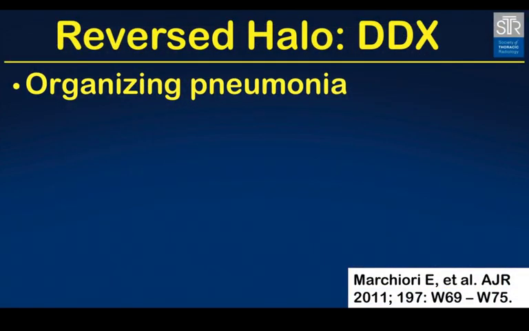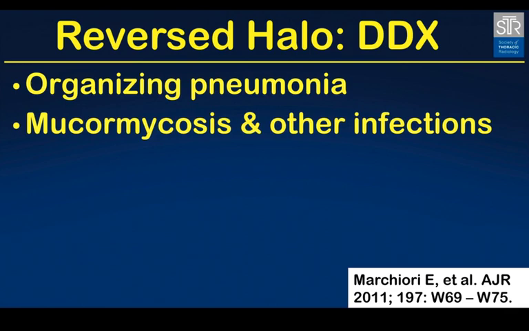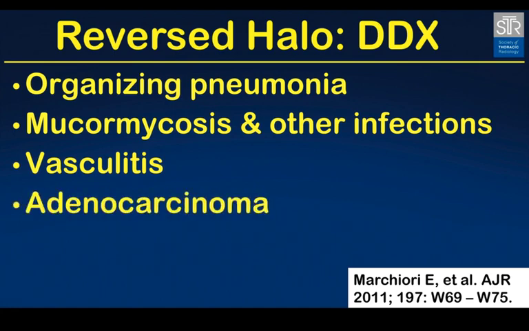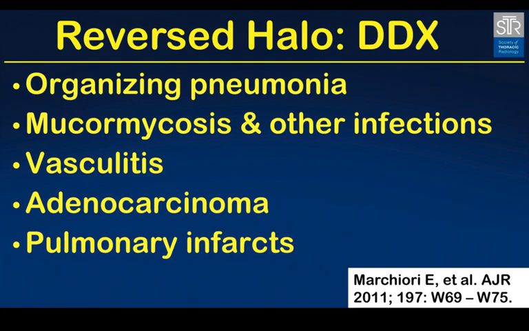Now, the differential diagnosis for reversed halo includes organizing pneumonia, in which it was first described, but also includes mucormycosis and other infections, vasculitides, adenocarcinoma with a lepidic growth pattern, pulmonary infarcts, and cases of sarcoidosis.